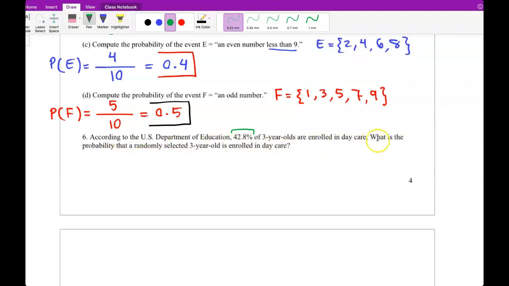Let's use this one for this. So what is the probability? I don't want to use percent. Instead, I want to use this one. So I change that number to a decimal.